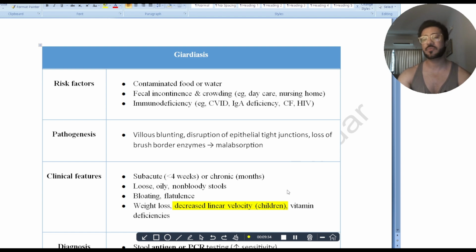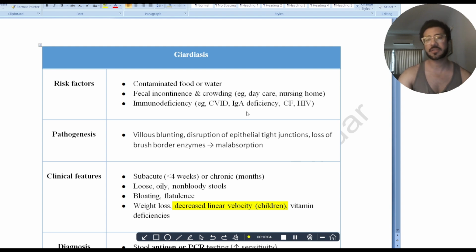And since there is malabsorption, you would also get the hallmark symptom of bloating and flatulence, since the unabsorbed nutrients are acted upon by the bacteria present in the gastrointestinal tract, and it produces gas which causes bloating and flatulence. And due to the chronic nature of the disease, if you have chronic giardiasis, you're gonna experience weight loss, and in children it presents as decreased growth velocity.